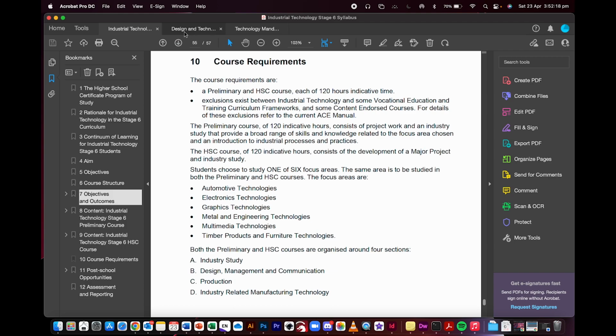So the first thing probably we'll need to know is that the industrial technology and the technology mandatory syllabuses are split up into sections. So for the industrial technology syllabus, students have the ability to choose one of 6 focus areas.